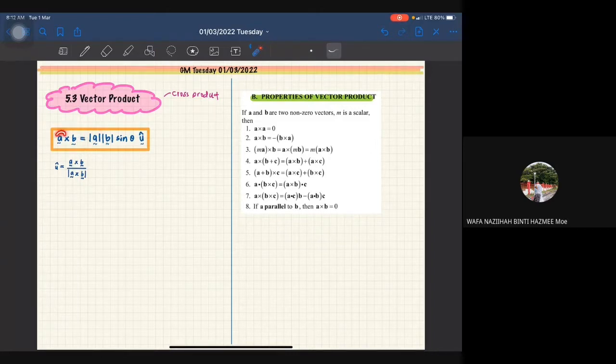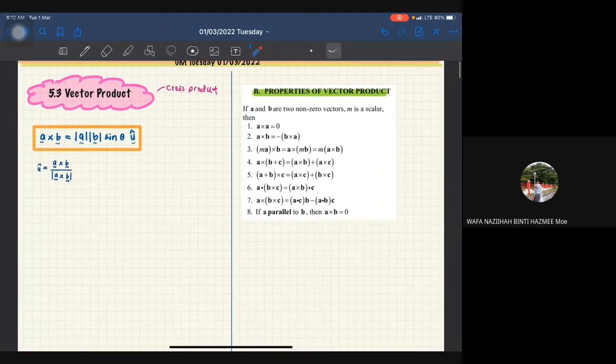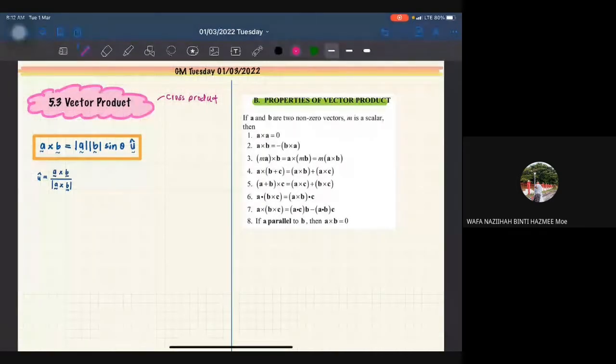Okay, so vector A and also vector B. The formula is magnitude of A, the length of vector A, multiplied with the length of vector B. And then sin theta, and then you multiply with the unit vector of A cross B.